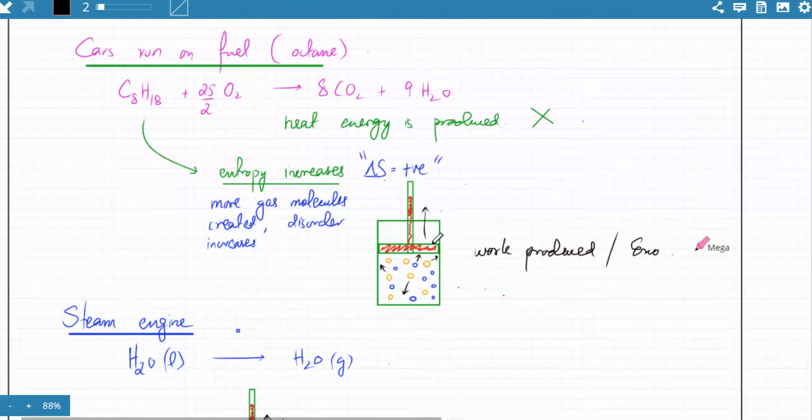Work is energy, right? So there are two ways energy is produced. One is heat energy, that's the enthalpy change. The other one is the mechanical work that's produced, and that's also measured in joules, if you know physics. So work is being created, it's being produced. So that's exo. So you get the point. When delta S is positive, the work that is produced is exo.